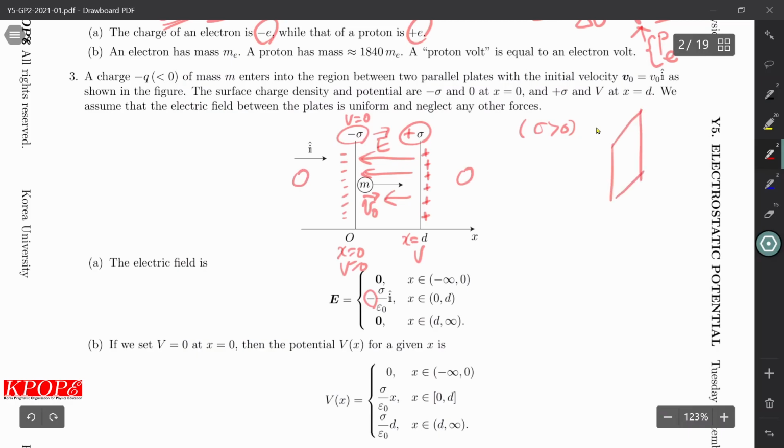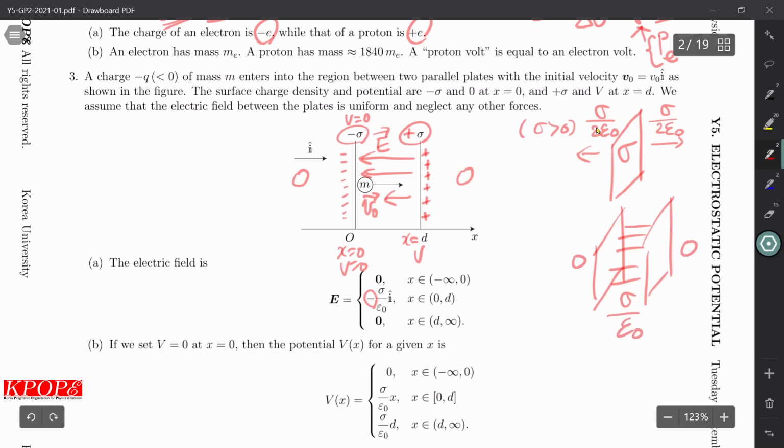Remember, a plate with surface charge density sigma emits the electric field sigma over 2 epsilon 0 outward. Because there are two plates, the resultant electric field inside is sigma over epsilon 0, and outside it vanishes.